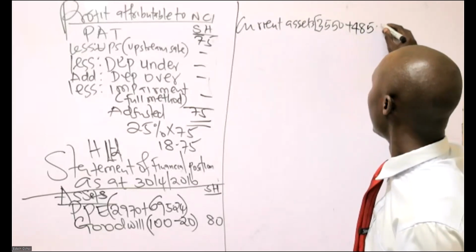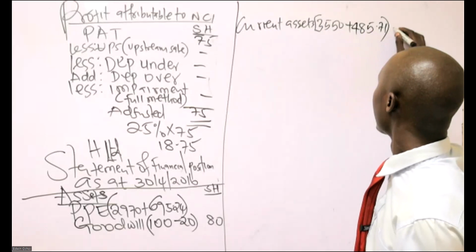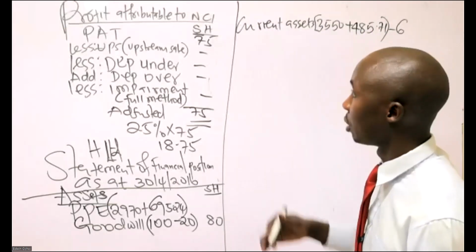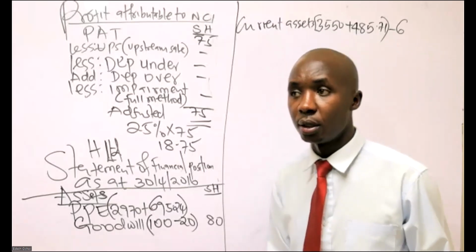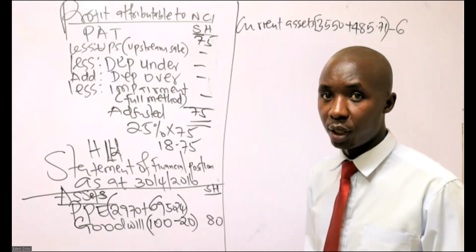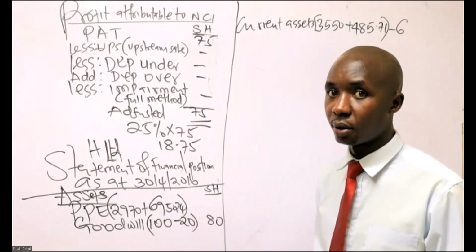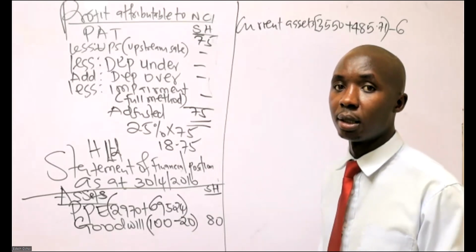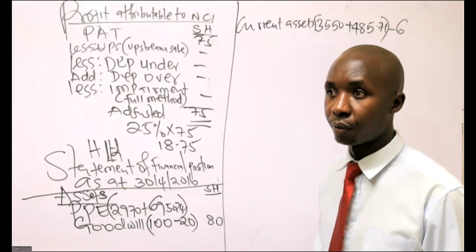Was 7.1. So minus 6. Why minus 6? Remember, current assets contains inventory. Under inventory, we always minus UPS and we add goods in transit. That is why I have deducted 6, the UPS, which is always deducted under inventory.